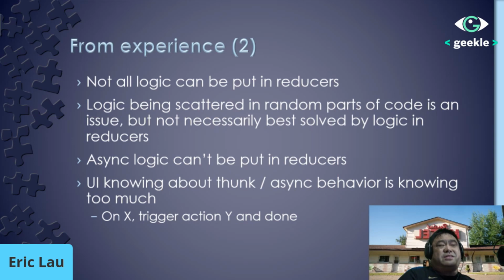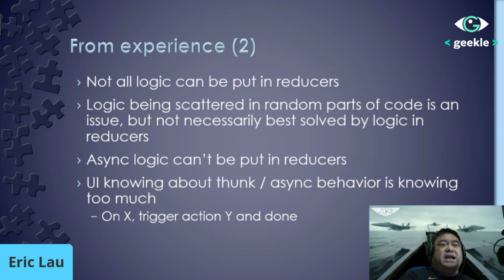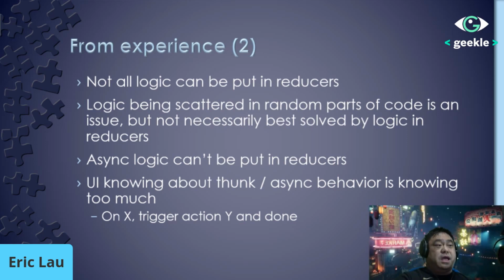The other one that really bothers me is that the UI knows about the async behavior, and I think that's too much. You want your UI to be as dumb as possible. When creating the actual UI, I want to be able to fire an action or event, and how that event is handled is not my problem, right?